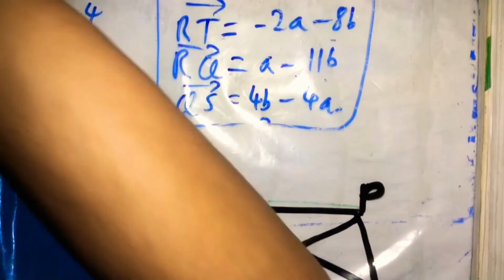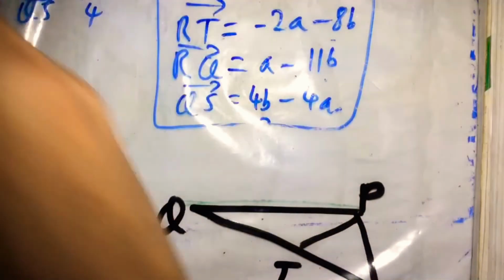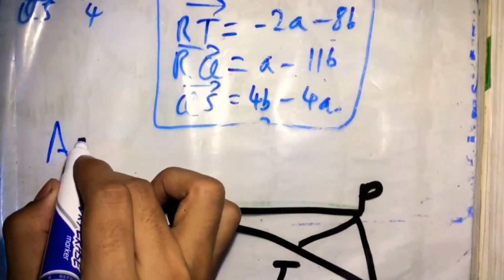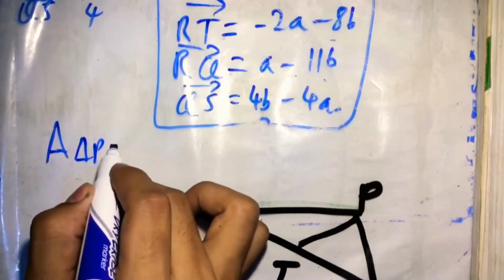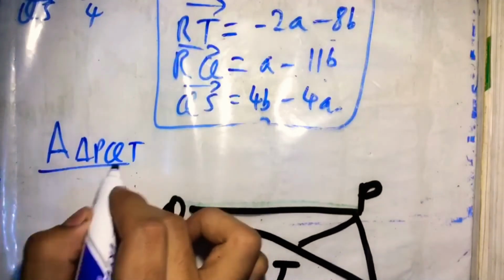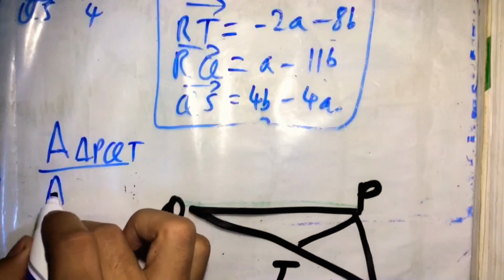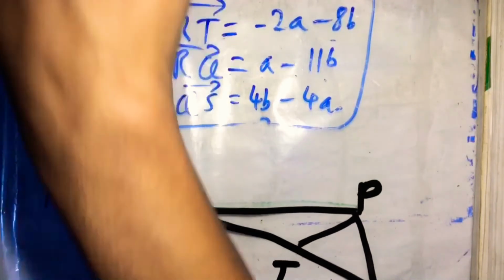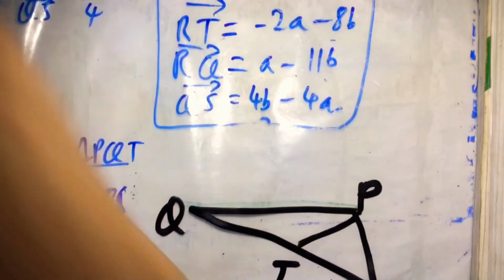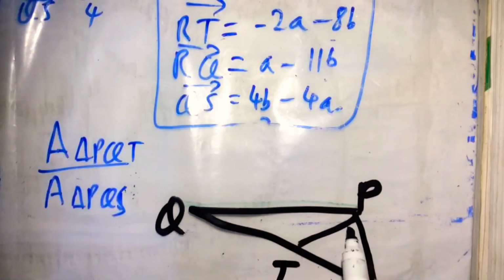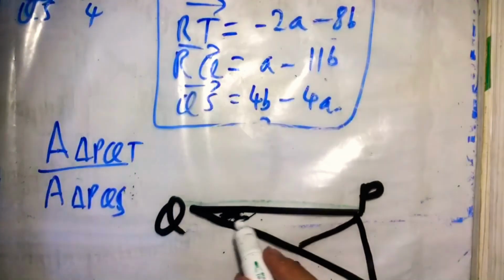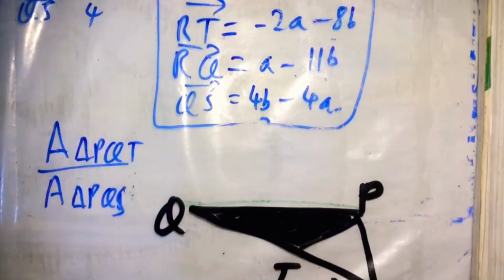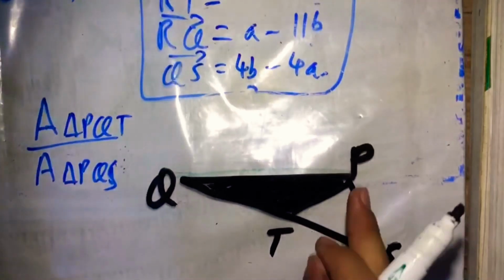We have to find the ratio of the area of triangle PQT upon the area of triangle PQS. So the area of triangle PQT, the shaded region, is to the area of this whole triangle.